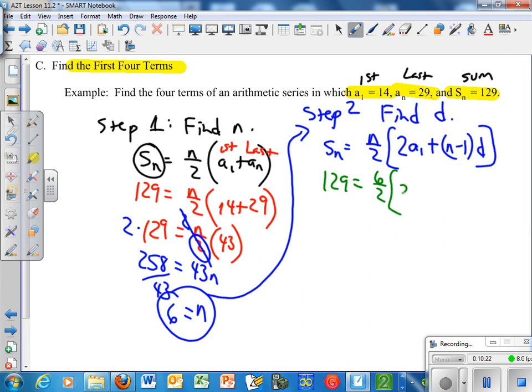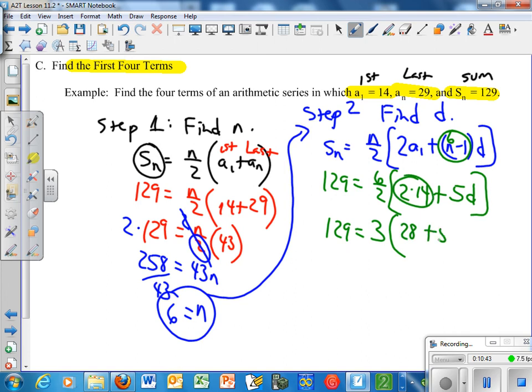Okay, 2 times a1, which is 14, plus, we know n is 6 now, so we're going to have 6 minus 1 right here, which is going to be 5, and then d. So 129 is equal to 3 times 28 when I multiply 2 times 14, plus 5d.